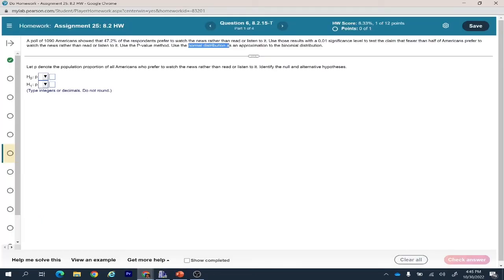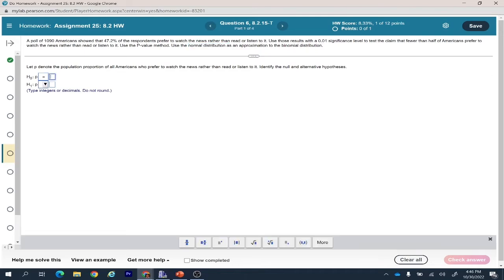In this problem, let p denote the population proportion of all Americans who prefer to watch the news rather than read or listen to it. For the null hypothesis, the population proportion is always equal to something. In this case, the claim is fewer than half, so the population proportion should be 0.5, that is the half, and fewer than half means it's less than 0.5.